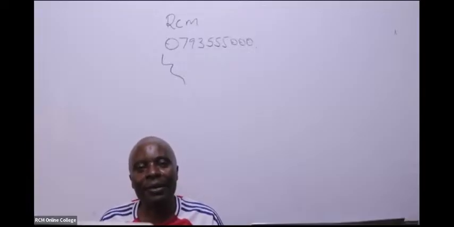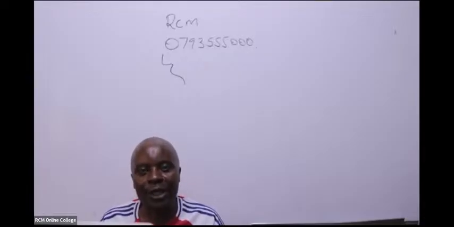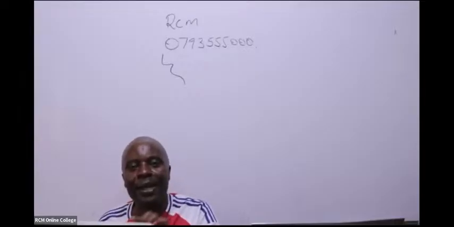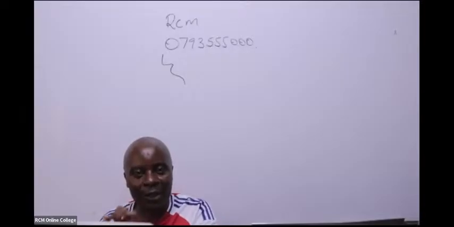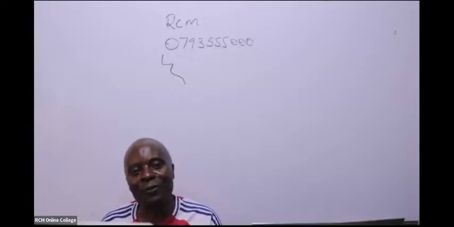Like last semester, they asked us to differentiate between a defined benefit scheme and a defined contribution scheme. They asked us to define the two and to differentiate between them.